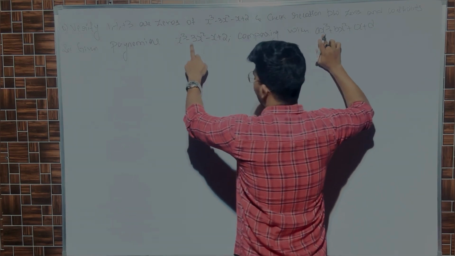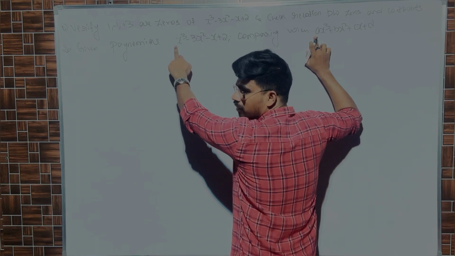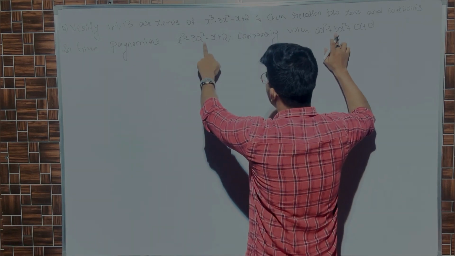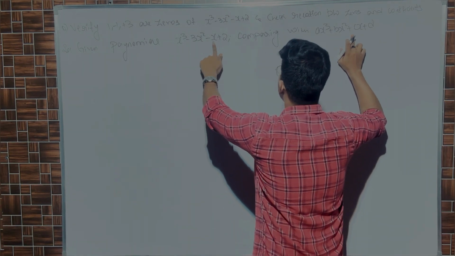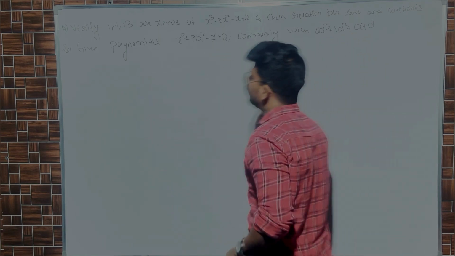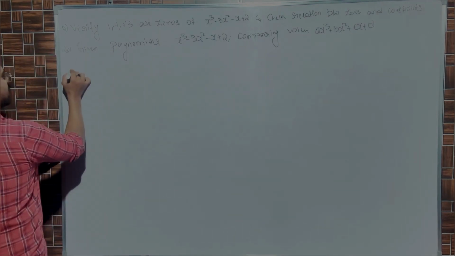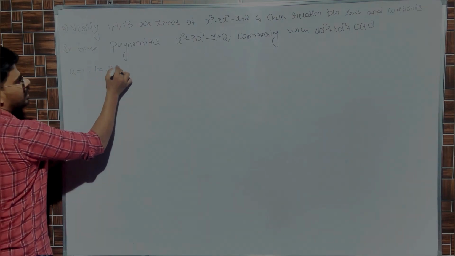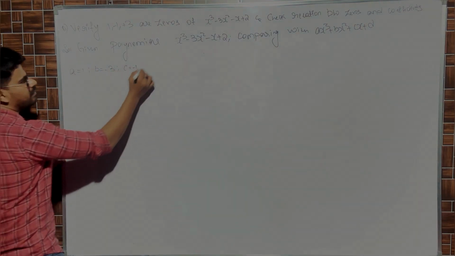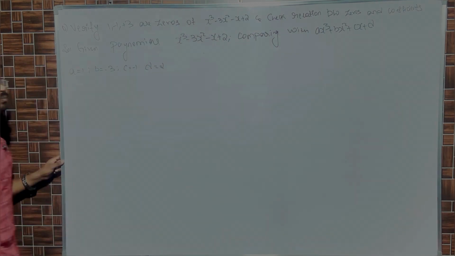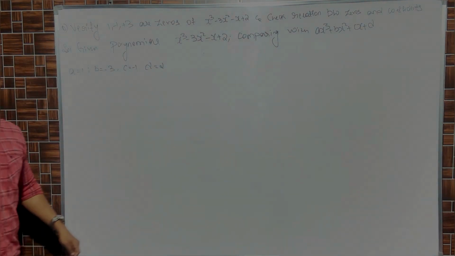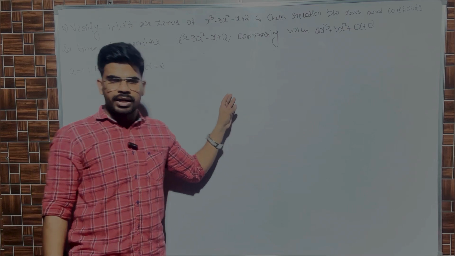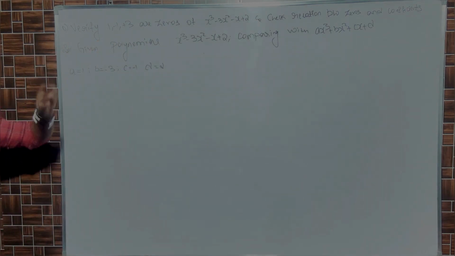If nothing is there in place of x cube, a is 1, b is minus 3, c is minus 1, d is 2. We just have to find the values of a, b, c, d. A is equal to 1, b is equal to minus 3, c is equal to minus 1, d is equal to 2. We have to find the relation between zeros and coefficients. Coefficients we already got. Zeros are also given, we just have to confirm them.